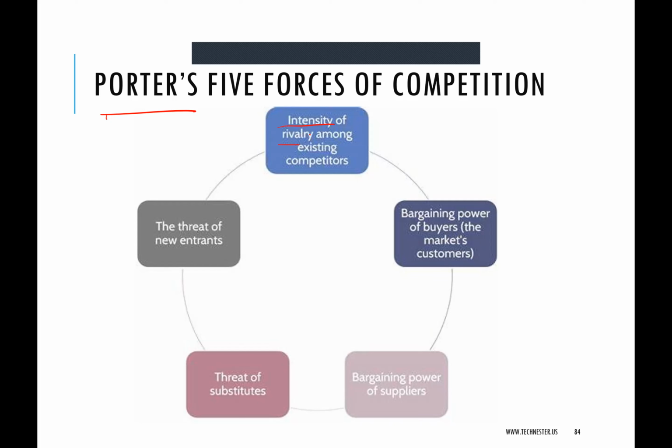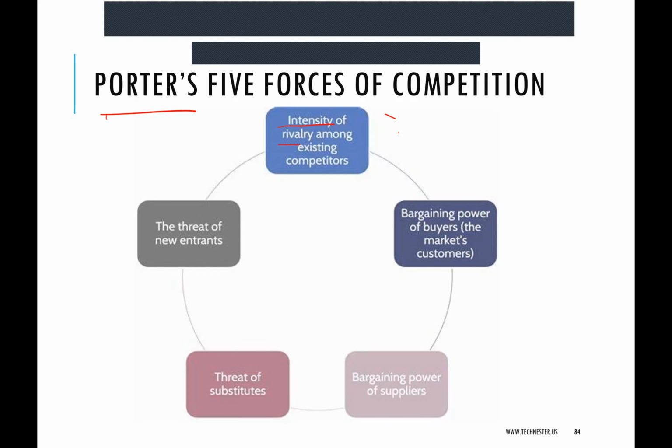Is the rivalry so steep that some competitors are willing to hurt themselves, slash prices to the barest minimum just to hurt you? Right. So you look at the intensity of rivalry among competitors. That's one factor that you should consider.